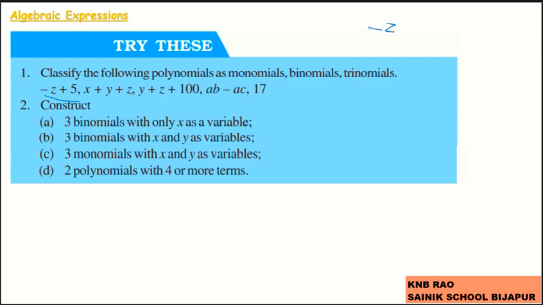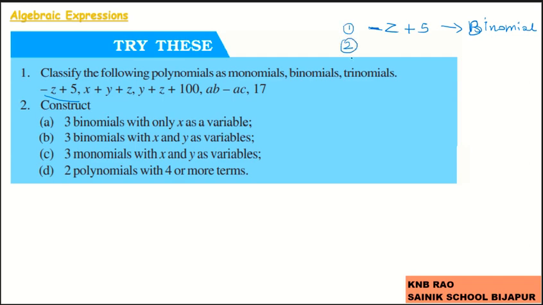Minus z plus 5 has only two terms, that is, minus z is one term and 5 is the second term. So it is a binomial. By watching the number of terms in the given algebraic expression, we can say that it is a binomial.